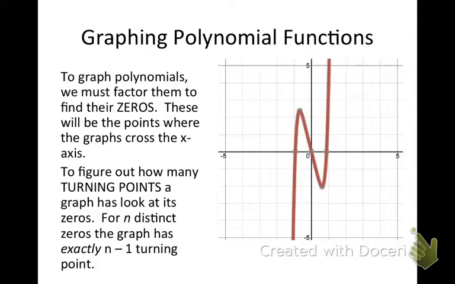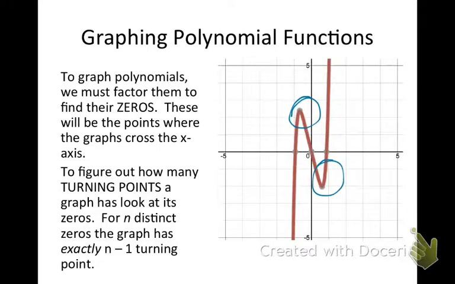Now, to figure out how many turning points a graph has, because sometimes these polynomials do, like the example you can see on my slide, you look at its zeros. So for n distinct zeros, the graph has exactly n minus 1 turning points.